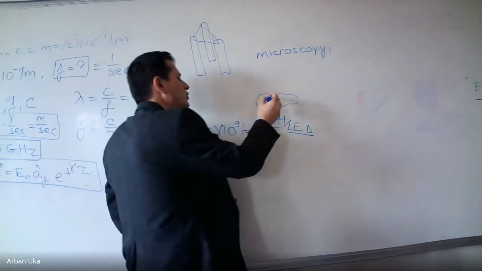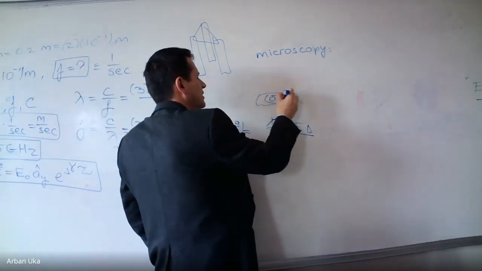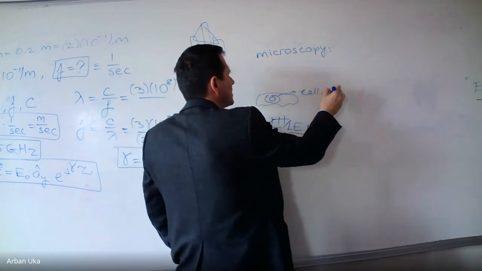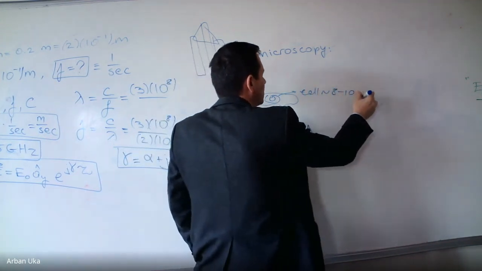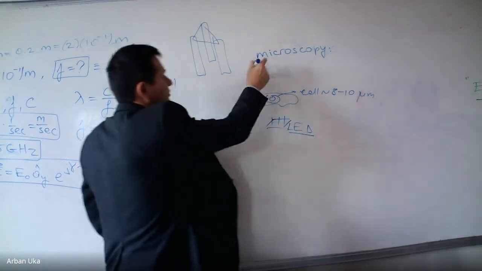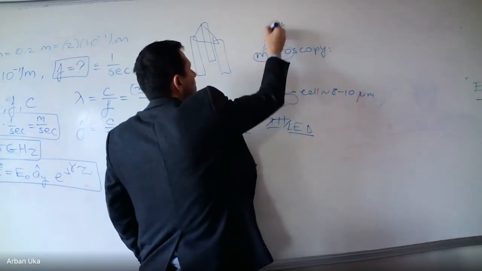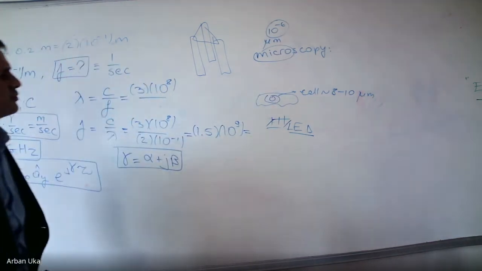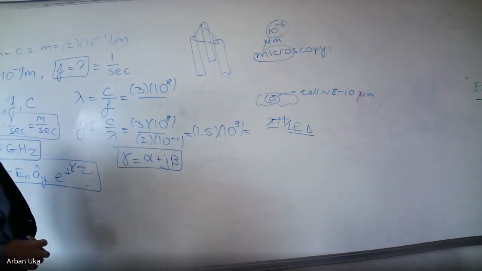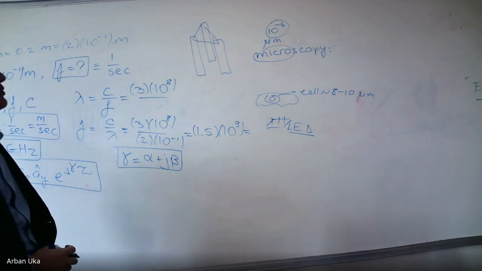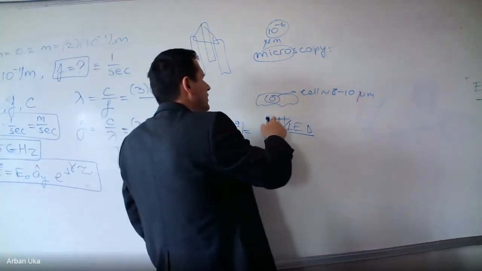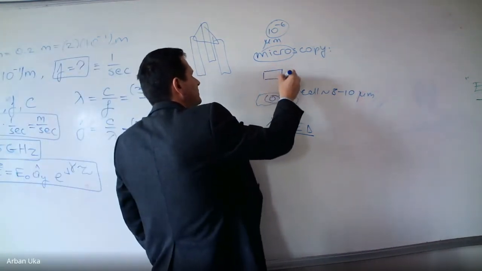But also human cells, a cell is the size of 8 to 10 micrometers. So it's a microscope, this has to do with micrometers. We talk about 10 to the power minus 6. All these numbers, we put them together. It's always micro, mini. So here you have the light, and here you can have a camera.